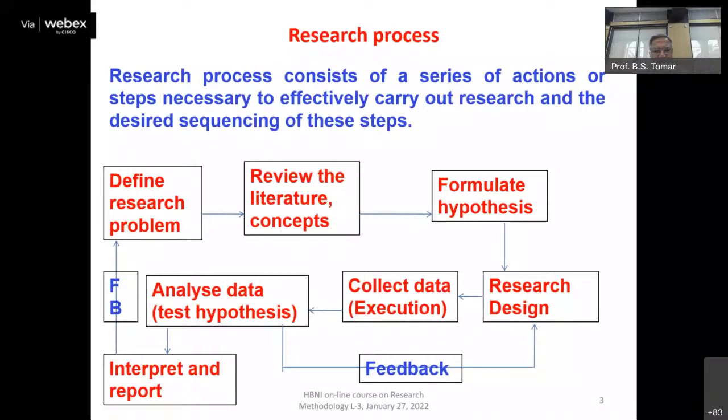So there is a feedback mechanism from the outcome of one study to develop new problems, and we again go back to defining the research problem. It could be a subset of the first problem, or it could be an extension of that. It could be a totally new problem, depending upon the outcome of this particular work.